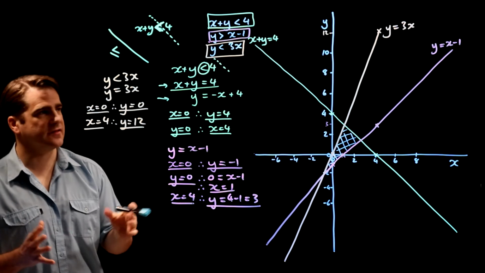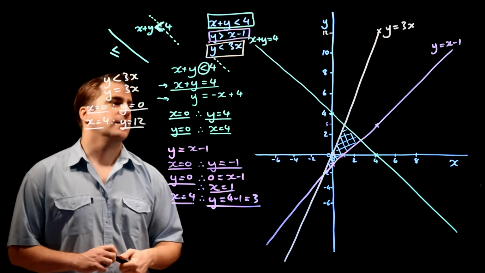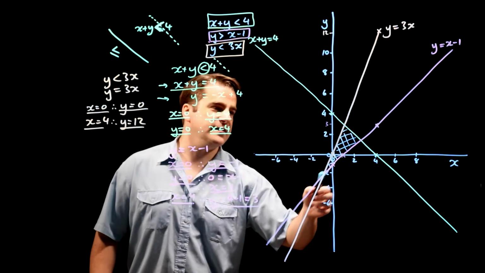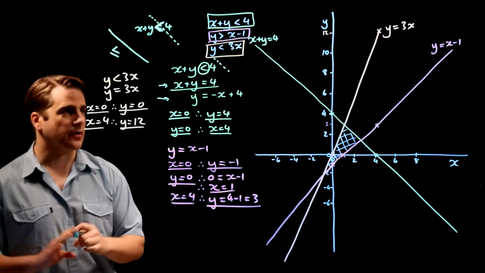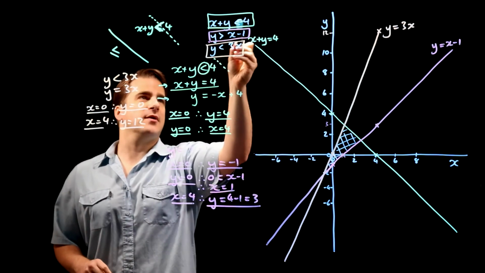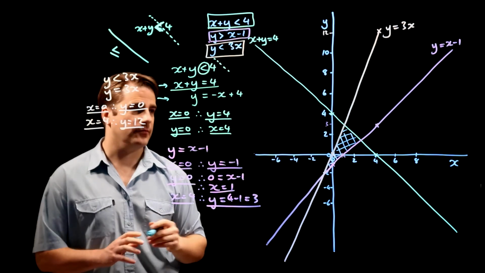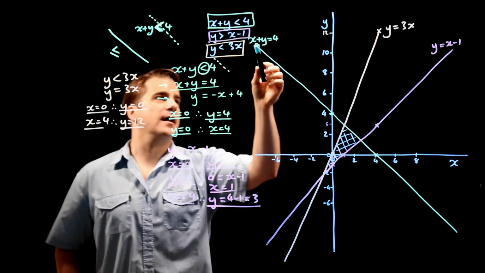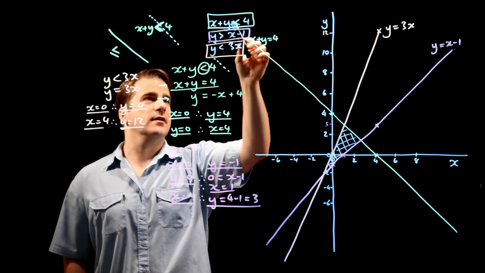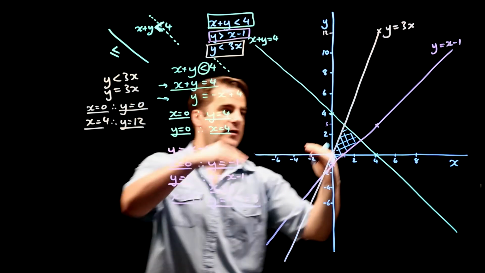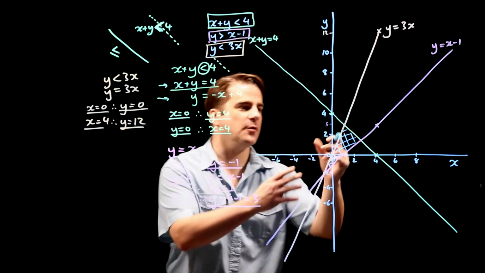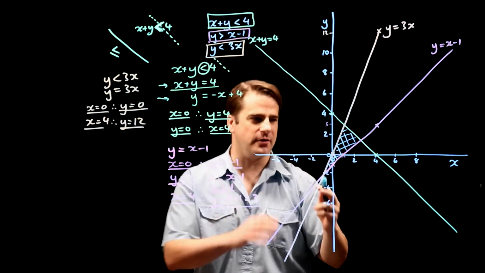Oh yeah, I should just say, the reason it's this region, okay, x plus y is less than 4. So if that's the line x plus y equals 4, x plus y is less than 4 is the region below that. Okay, it's obviously going to be this region, right? I'm just explaining why.